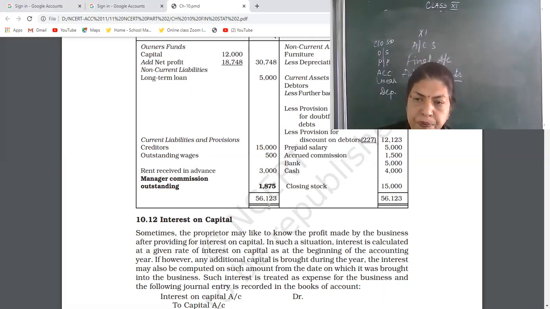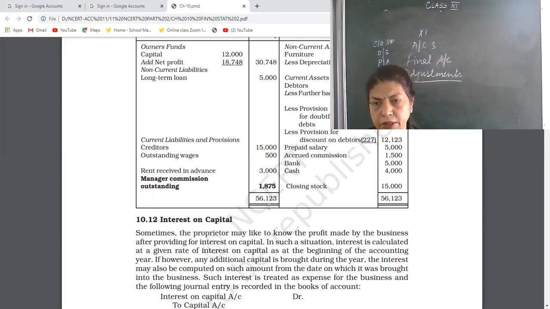As you know, accounts is based on dual entity. Separate entity, we can say, means business and businessman are separate entities, and the amount which is invested by the proprietor in the business is termed as capital, which is an internal liability, but that will be treated as liability.